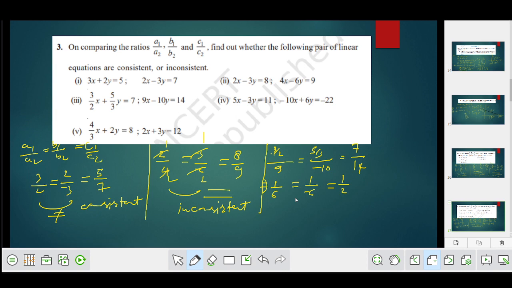Okay. Now, what will be? These are not equal.